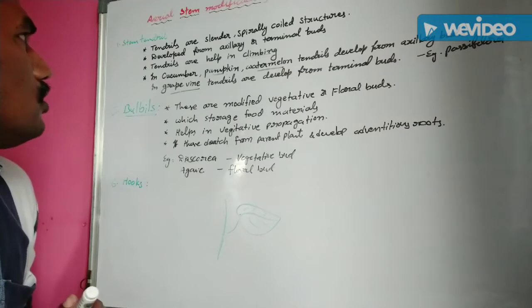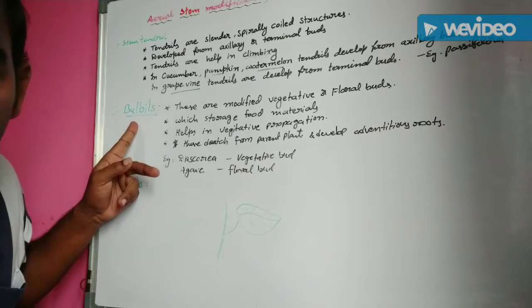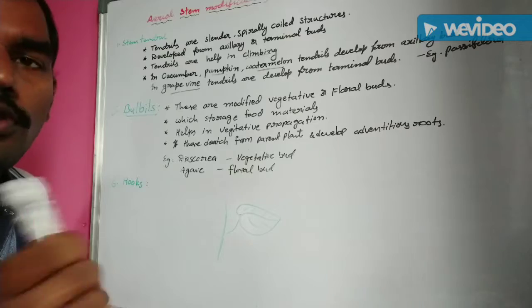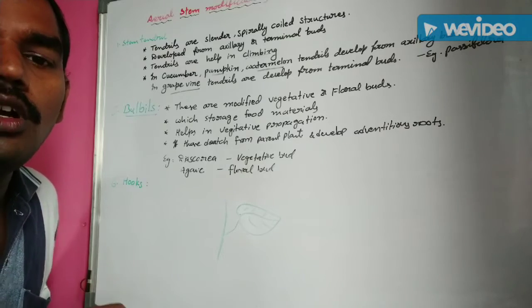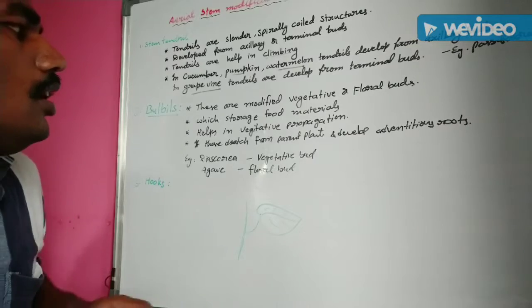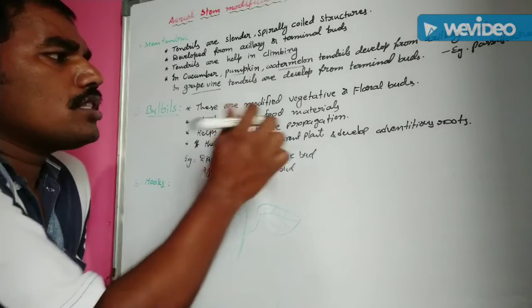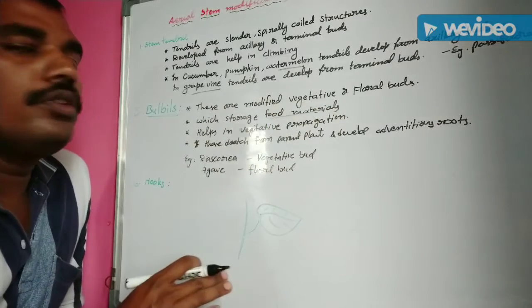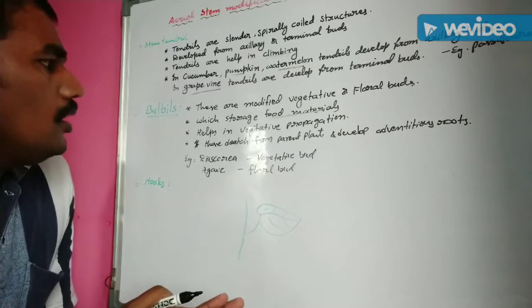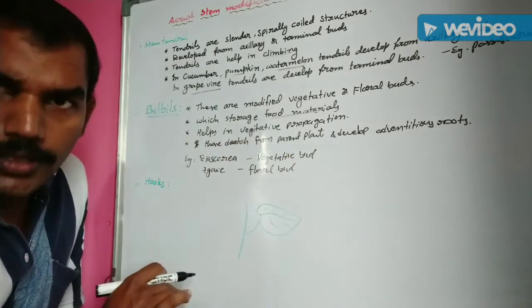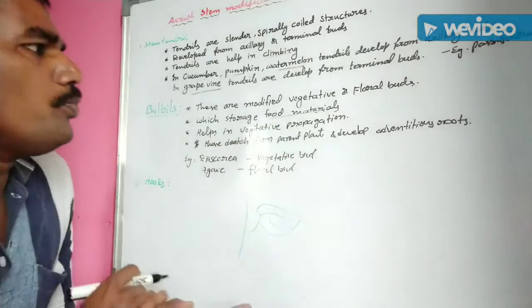Aerial stem modification, that one is bulbils. Bulbils are modified vegetative or floral buds. A vegetative or floral bud is modified into bulbils. These bulbils store food materials. Remember this one, storage of food materials, and these bulbils help in vegetative propagation.